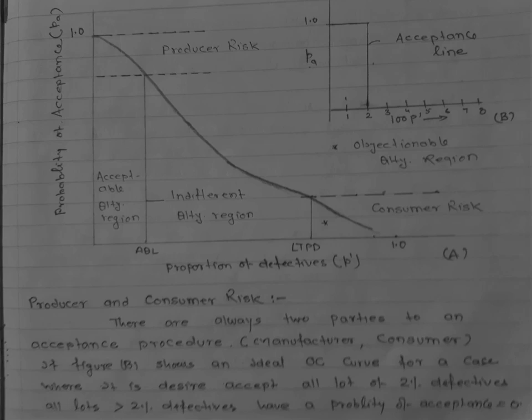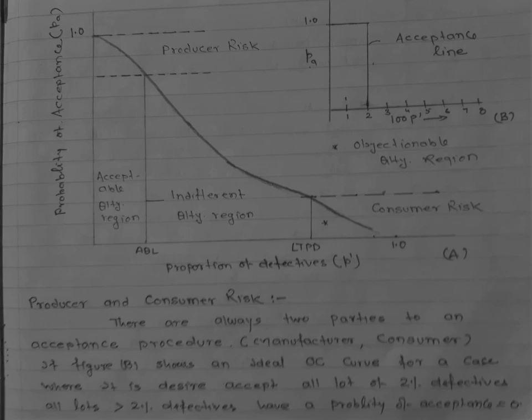In the ideal situation, a company produces a product, and from a lot we take a sample, and if 2% of the components are defective, then the lot is to be accepted, and beyond 2% the probability of acceptance of a lot is 0.